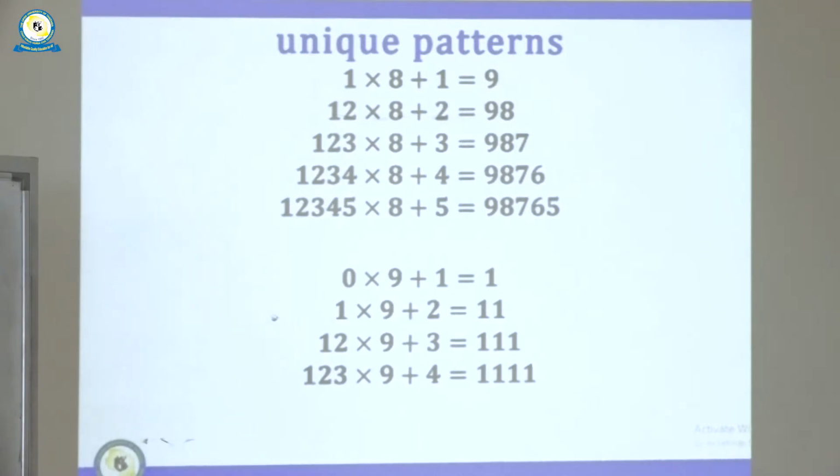Also, the pattern goes like 0, 1, 12, 123. The number in the middle is constant, number 9, while on the other hand, the number added is 1, 2, 3, and 4. The results are 1, 11, 111, 1,111.